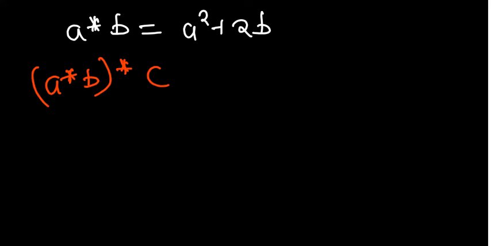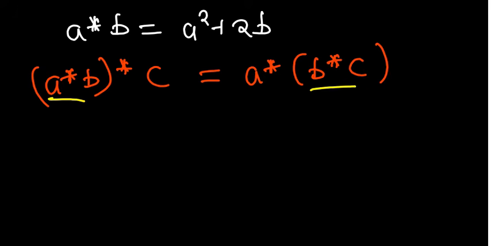For it to be associative, a star (b star c) should also be the same. Of course I did explain earlier that they tell you what you're supposed to start with. A binary operation is always supposed to start with 2 things.